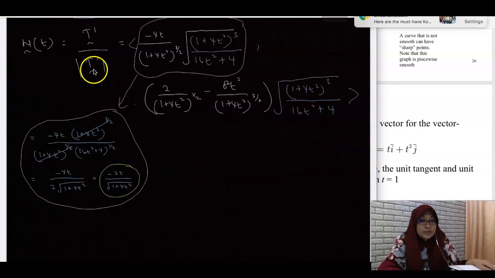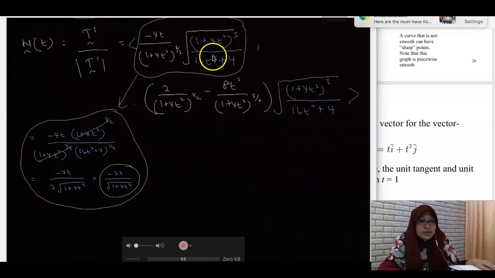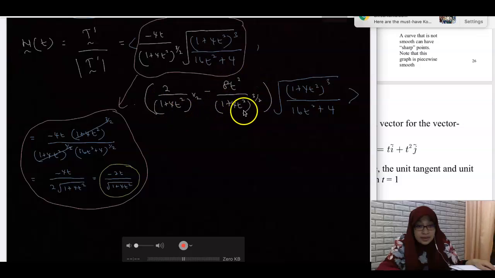In order to simplify, I just take term by term. The first component looks like we can simplify, and after that we can have a simpler version, which is this one. So this one can be rewritten into this form. Next, we want to try to simplify this expression. Maybe we need to expand this term and then expand this term as well, and then we simplify.